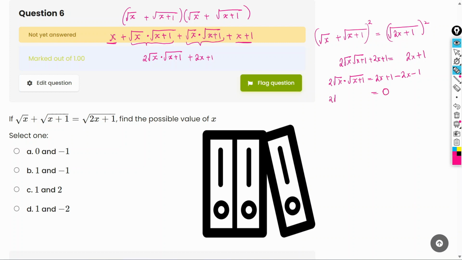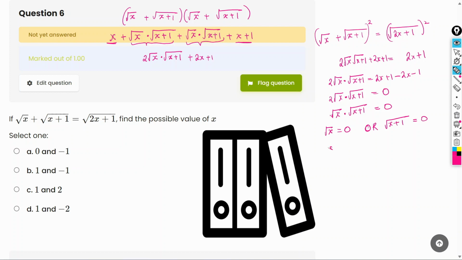So I have 2 root x times root x plus 1. The next thing I'll do is divide both sides by 2. I would have root x times square root of x plus 1 is equal to 0. At this point, you know that if two things multiply to give you 0, one of them must be 0. So it's either root x is equal to 0 or square root of x plus 1 must be 0.